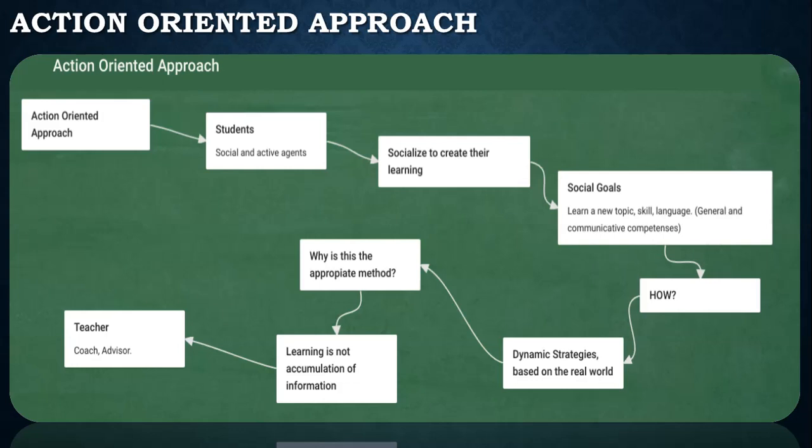We have to renew as excellent teachers and we have to become coach and advisors, okay? That is the most important part of the action-oriented approach, to give the key, to give that motivation, that opportunity to the students so they can go ahead and take ownership of their own learning.